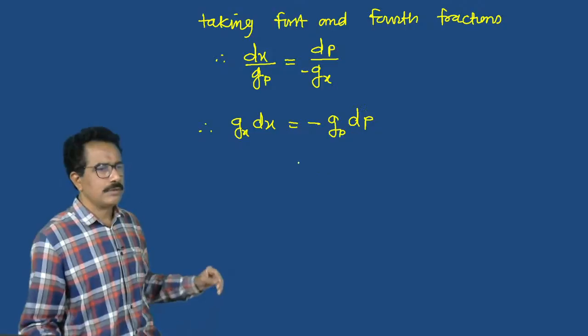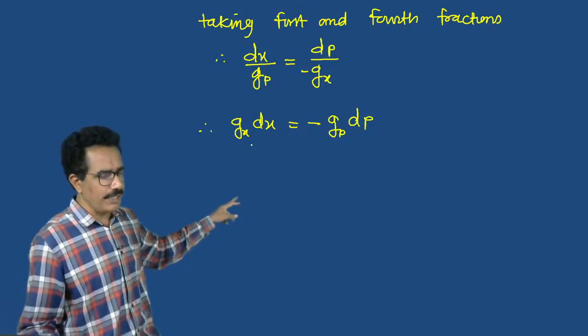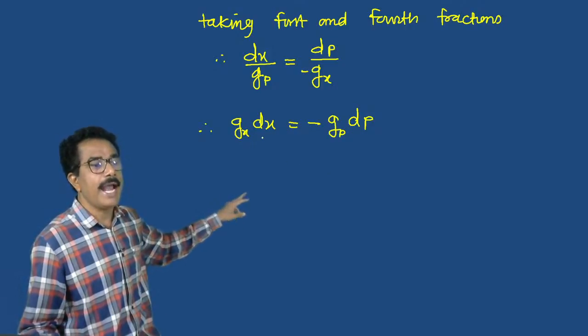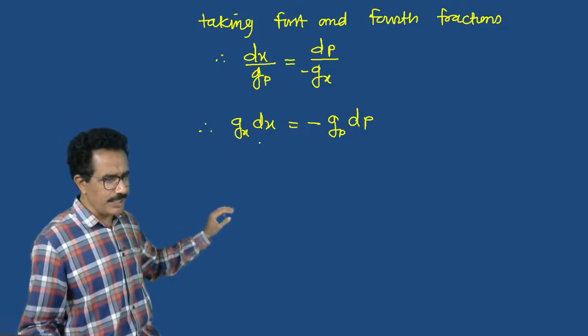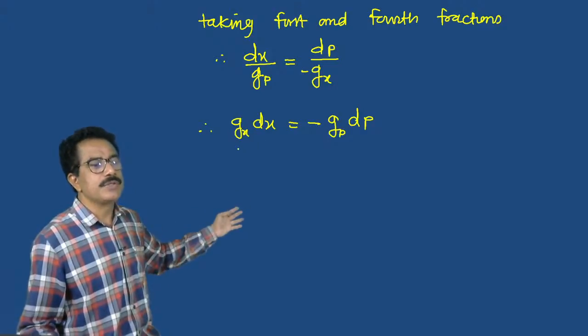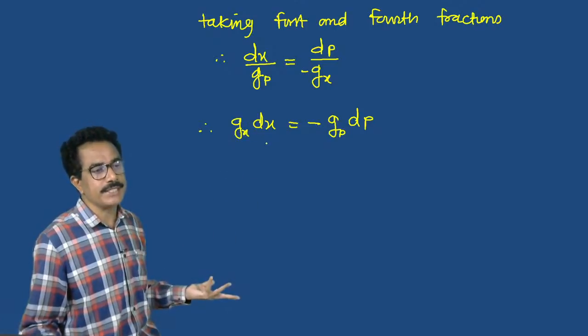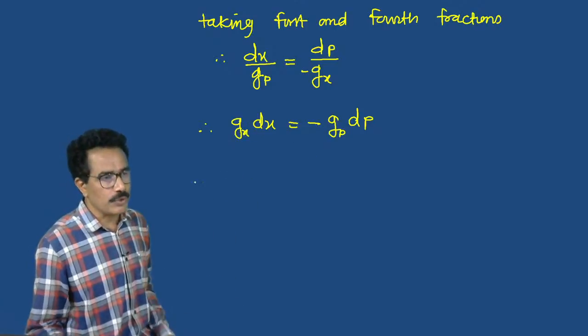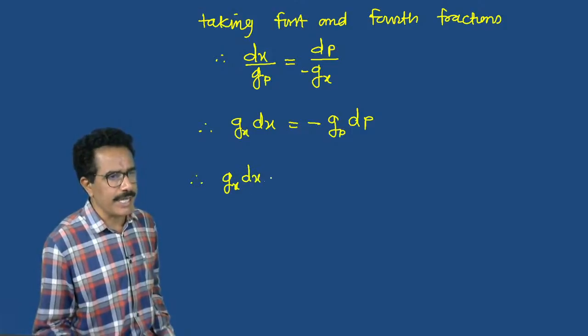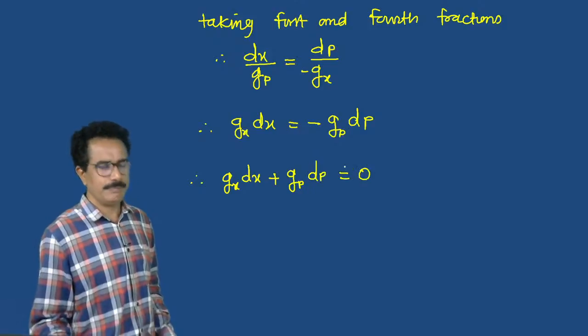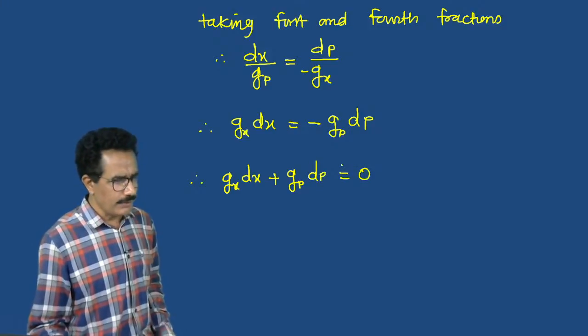Now g is a function of x and p, so it will be the constant of integration. So we can write this as gx dx plus gp dp, which is equal to 0. Is it okay?